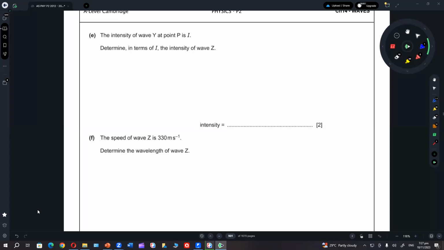Let's write down the formula first. I1 upon I2 is equal to A1 upon A2 squared, whole.